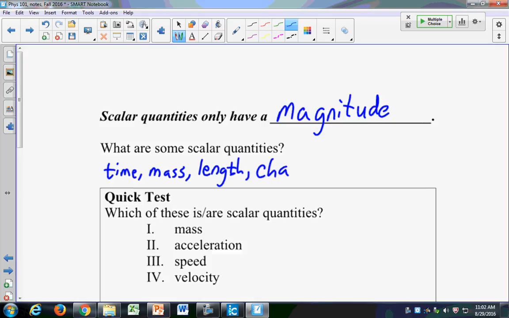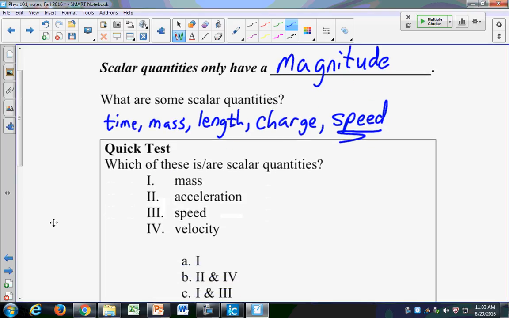Charge, we'll get into that next semester. Speed. Remember, speed is, as I said, the magnitude of the velocity. So if you have the velocity information and you strip away the directional information, that would be the speed. There were some others. Oh, temperature. I think y'all said one or two others, but we'll just leave it with that.